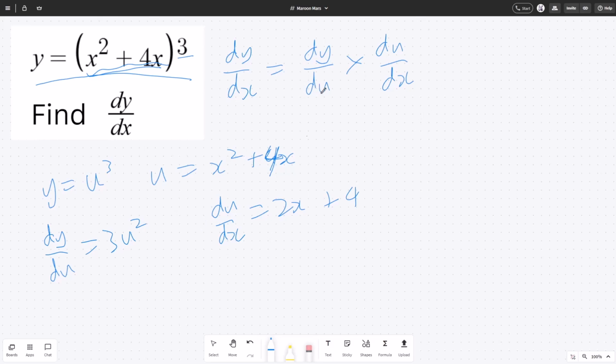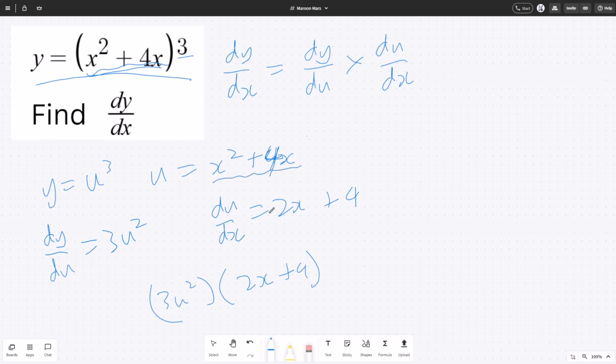Now we can see that dy over du multiplied by du over dx is our derivative, or dy dx. So we have dy over du, which is 3u squared, multiplied by du over dx, which is 2x plus 4. So that is equal to our derivative. Now we can plug the u back in.